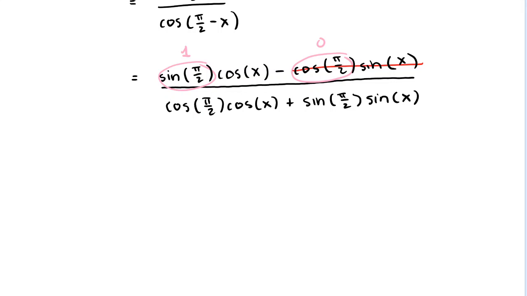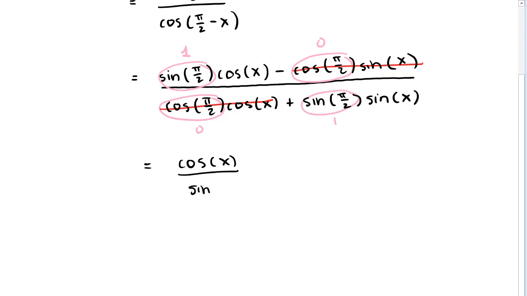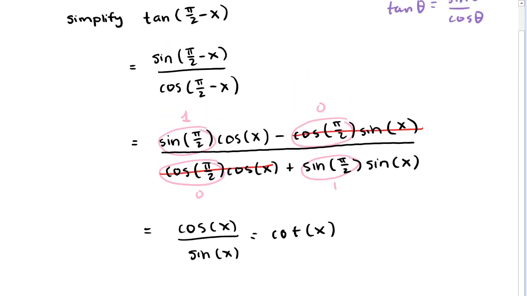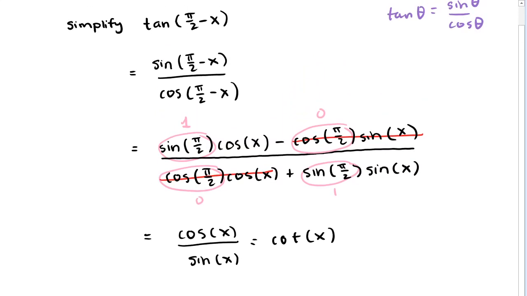And cosine of pi over 2 is 0, sine of pi over 2 is 1, so this term gets canceled out as well. So now we're just left with 1 times cosine of x, which is just cosine of x, divided by 1 times sine of x, which is just sine of x. Another way we can express cosine of x over sine of x is cotangent of x. So the expression we started with, tangent of pi over 2 minus x, is the same as cotangent of x.